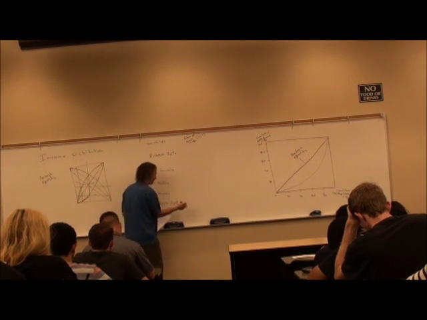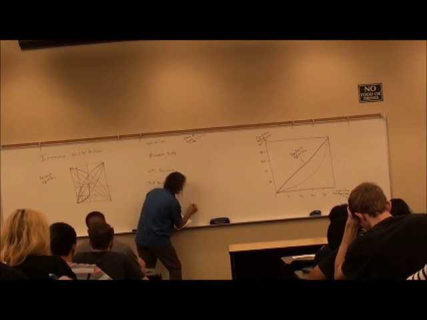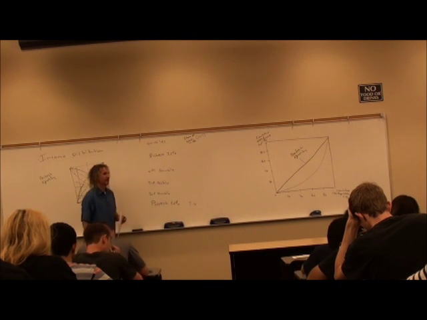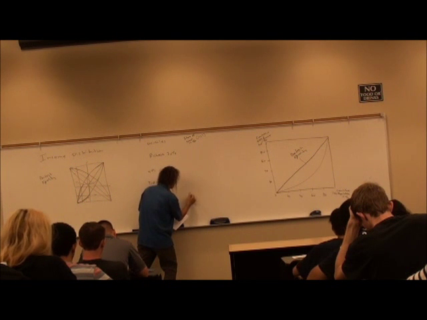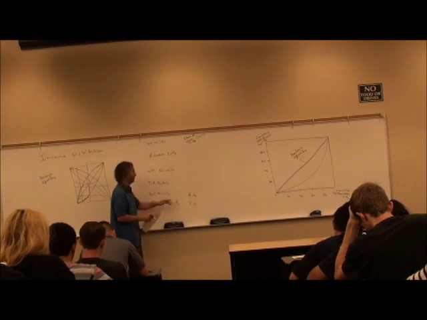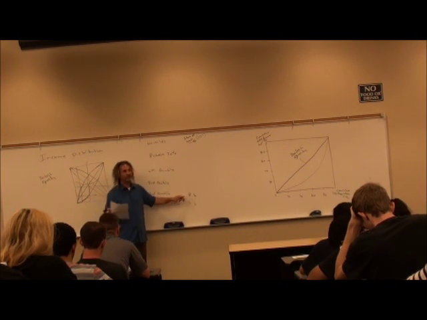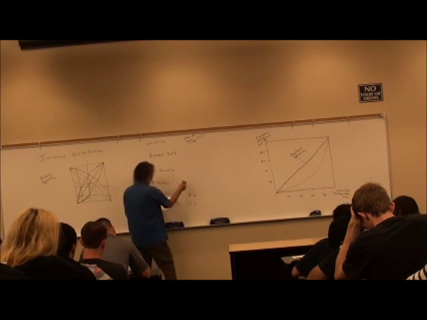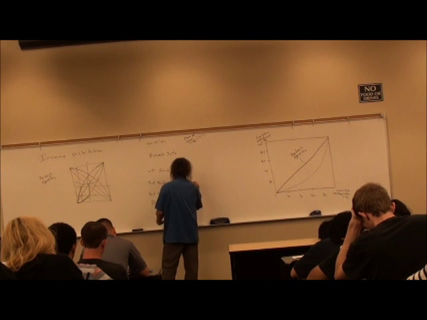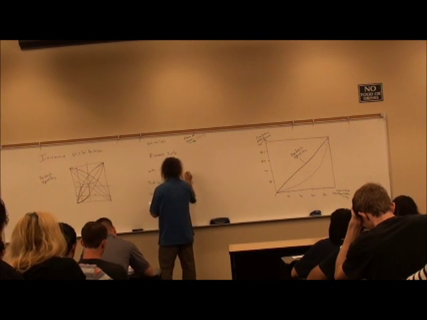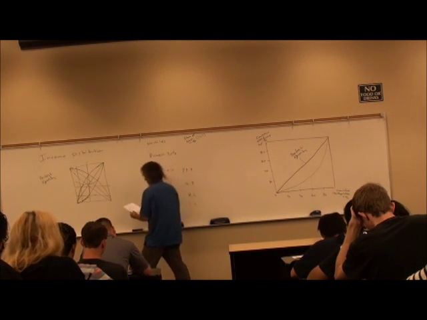The poorest 20% in my economy got 3.6. The next 20% got 8.6. So they got a little more than the poorest group, but not as much as the next group. This next group got 14.9. This next group got 23.2.